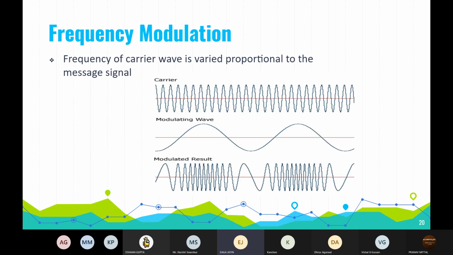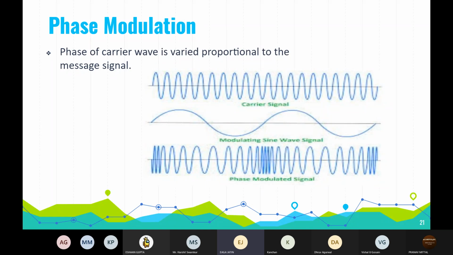Similarly, in the case of frequency modulation, the frequency of the carrier wave changes according to the message signal. With an increase in the amplitude of the message signal, the frequency of the modulated signal will also increase. Similarly, with a reduction of the amplitude, the frequency of the modulated signal will also reduce. Similarly, in the case of phase modulation, the phase of the modulated signal changes according to the message signal.